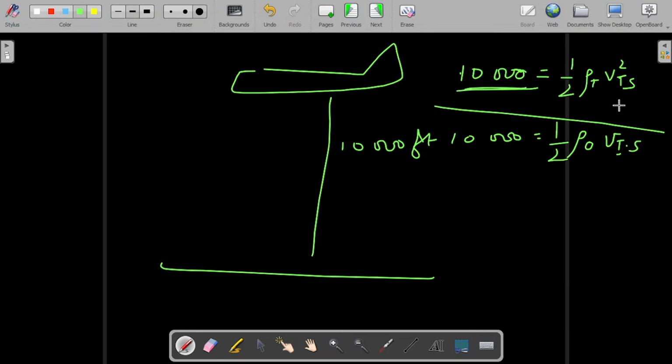Here we are trying to find the relation between the true speed and the equivalent airspeed, which we had discussed earlier.